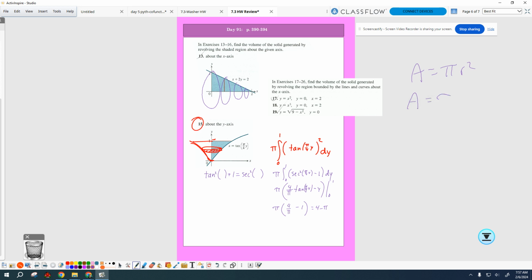But if the radius is changing and we're going by, as I keep asking, the x slices, I need this equation for the radius in terms of x, with x values in it. If I'm going this way, I need the radius in terms of y. That's all. And sometimes it's complicated finding what that radius value is.